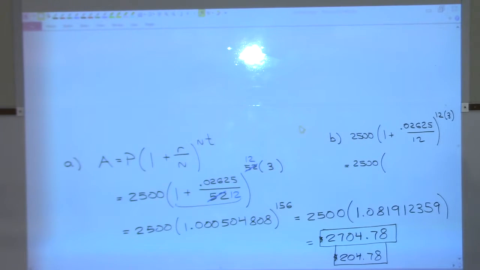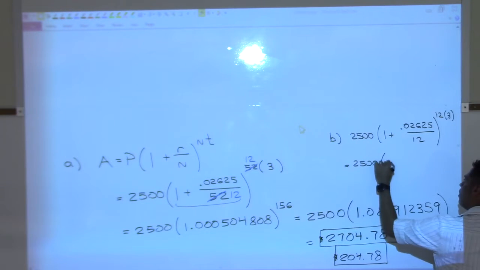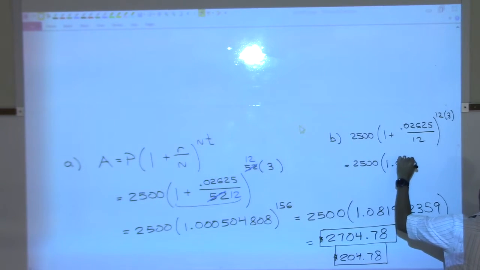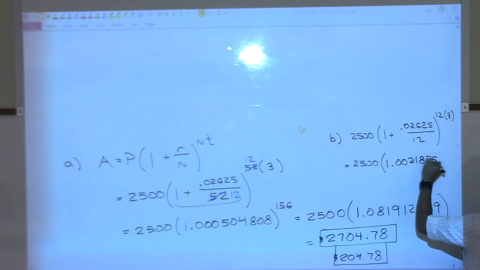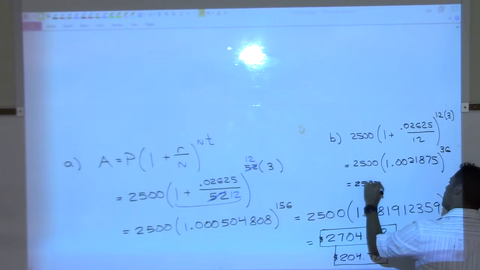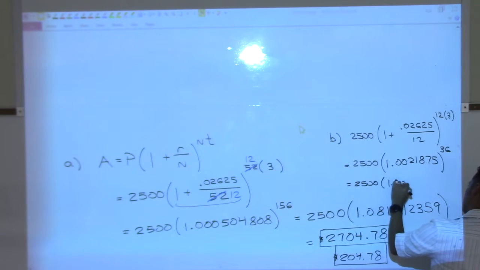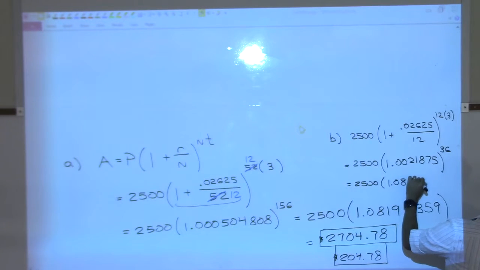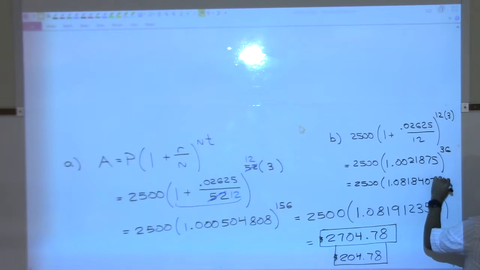That's the interest you just subtract. To find it, yeah. So I'm getting 1.0021875 raised to the 36. So I get 2,500 times 1.081840754.